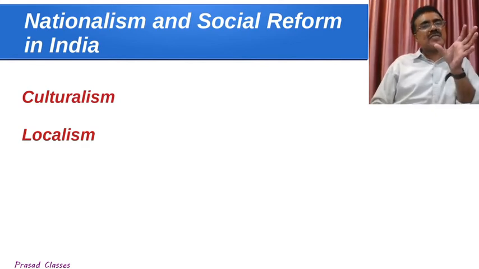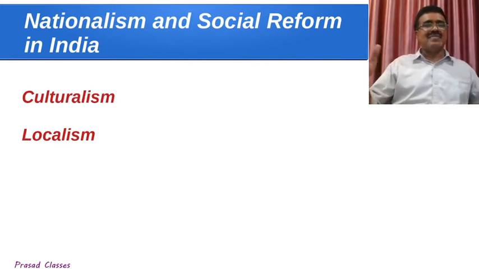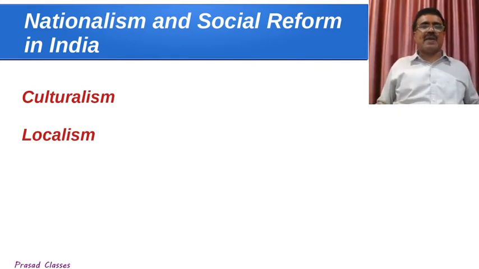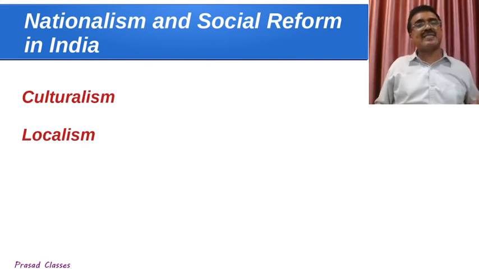So, two aspects: we can call them culturalism and localism. Culturalism is what we can see as shared by different groups of people, and we look into the cultural practices the people follow. When you look into the cultural practices, localism comes into play.